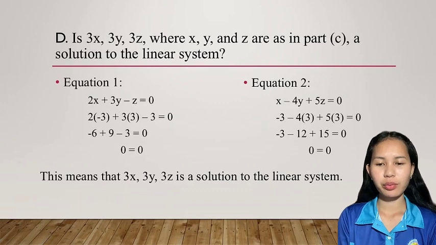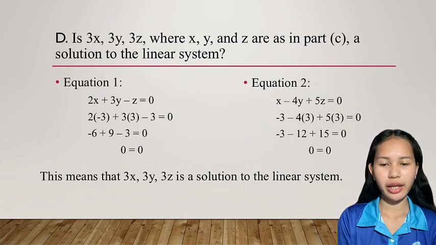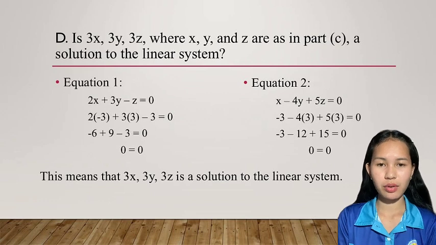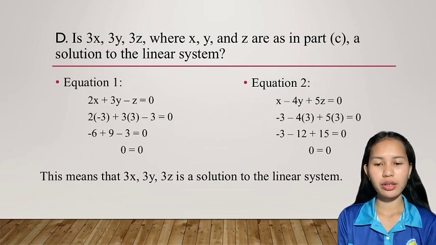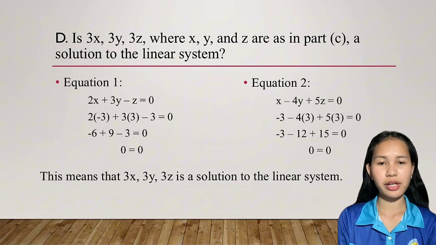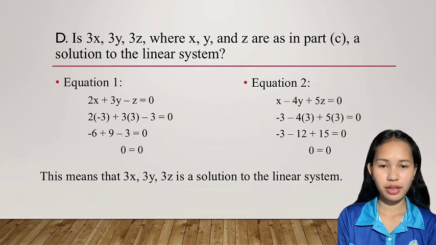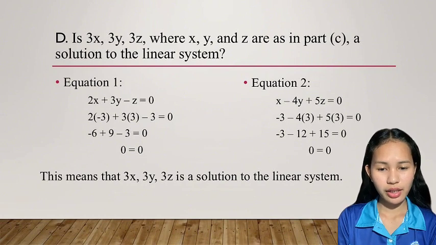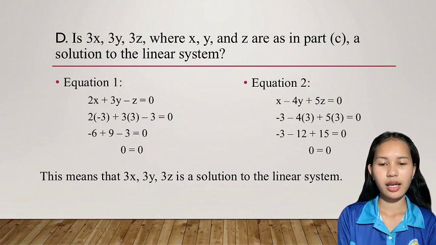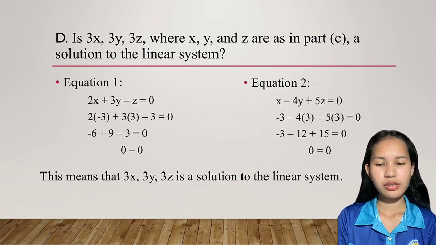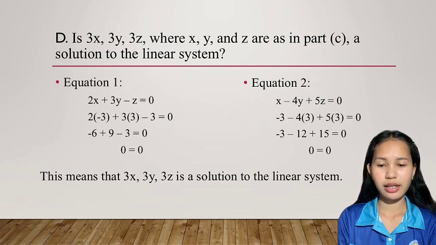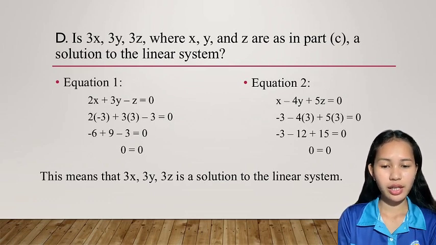Okay, so let's start with our first equation, 2x plus 3y minus z equals 0. We are going to substitute the values of our x, y, and z. So this will become 2 times negative 3 plus 3 times 3 minus 3 equals 0. So 2 times negative 3 is negative 6, plus 3 times 3, that is positive 9, and then minus z, or minus 3, equals 0.